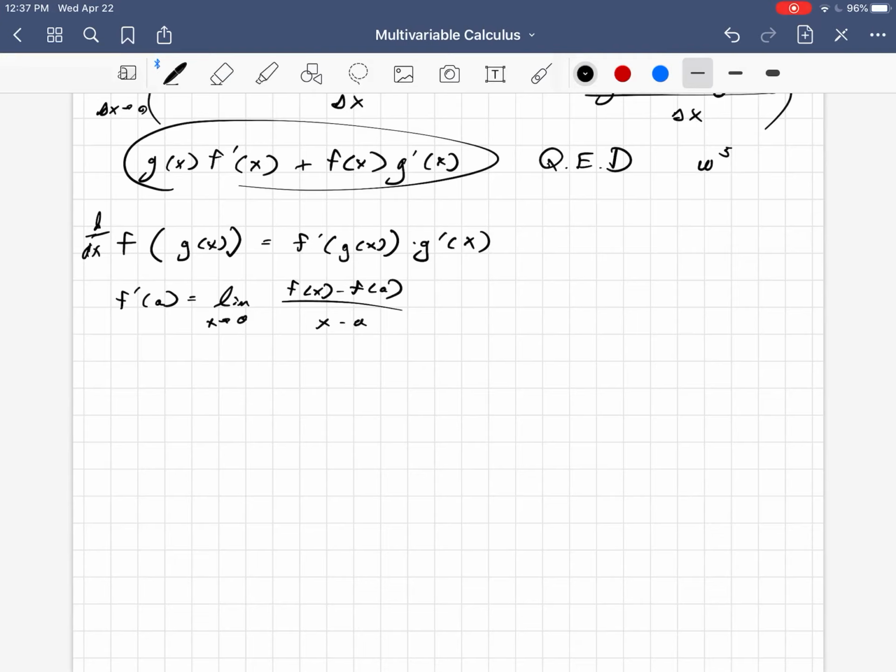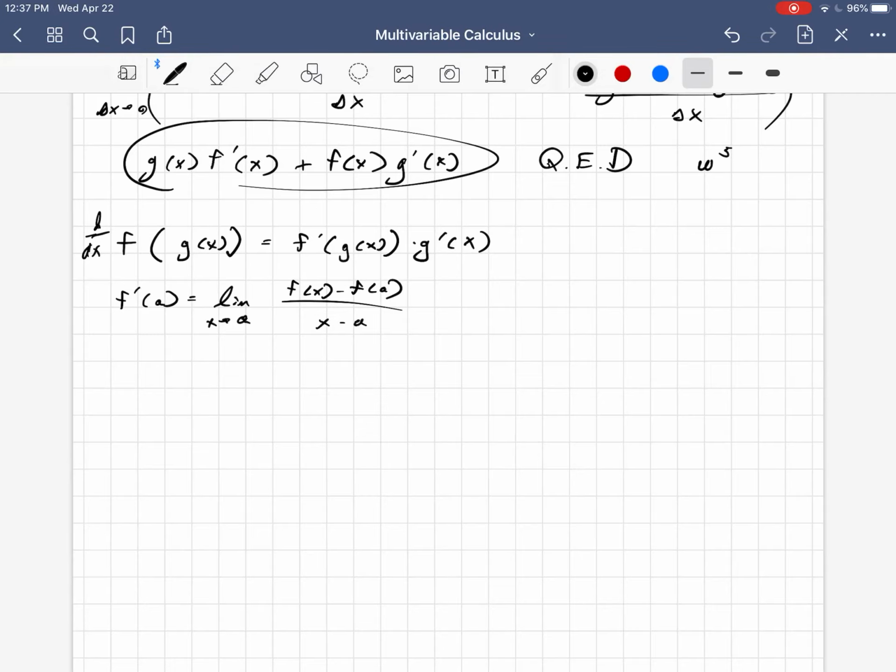The alternate definition of the derivative is that f prime of a is the limit as x approaches a of f of x minus f of a over x minus a. And hopefully you see that this is saying the exact same thing as the first definition of the derivative.